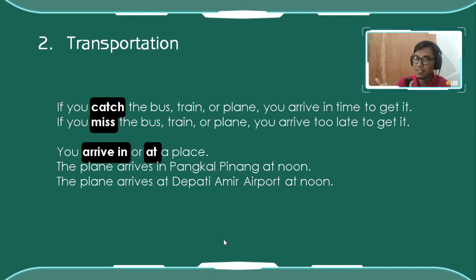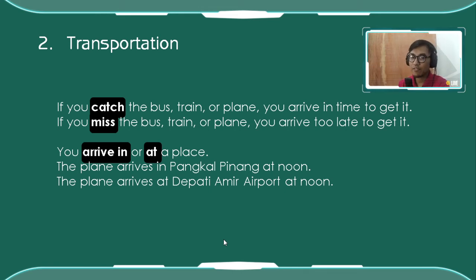Jadi saya gunakan catch karena saya nggak mau ketinggalan. And the next one is, if you miss the bus, train, plane, you arrive too late to get it. If you miss, kalau kamu ketinggalan, miss itu ketinggalan. Kalau catch itu berusaha mengejar supaya nggak ketinggalan, miss itu ketinggalan. It's too late. Kamu tiba, bisnya sudah berangkat.